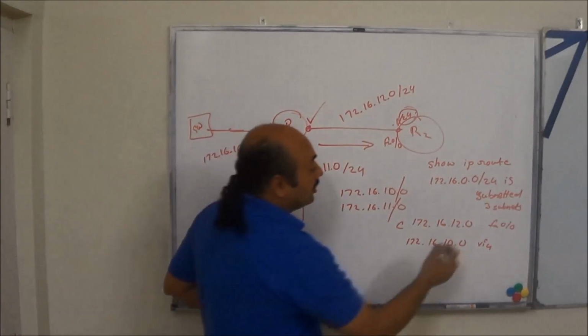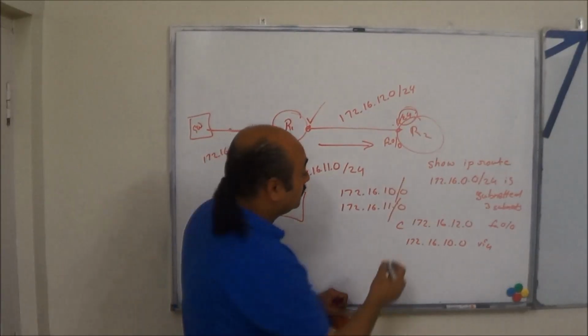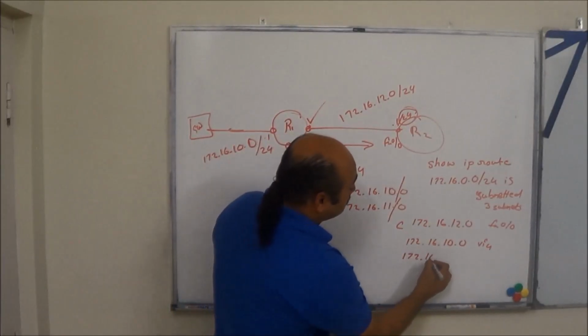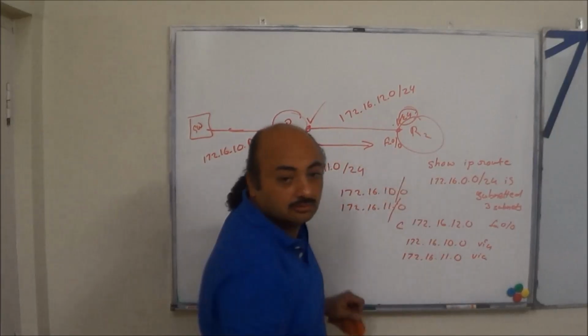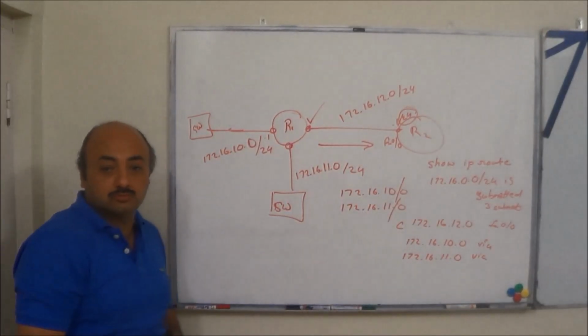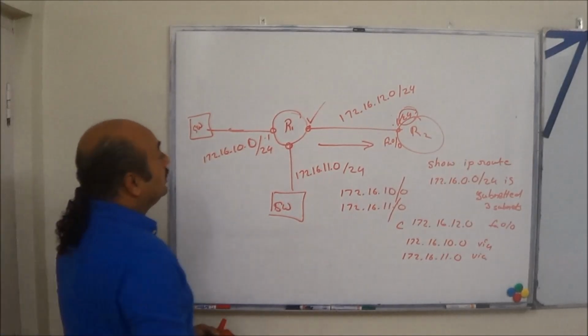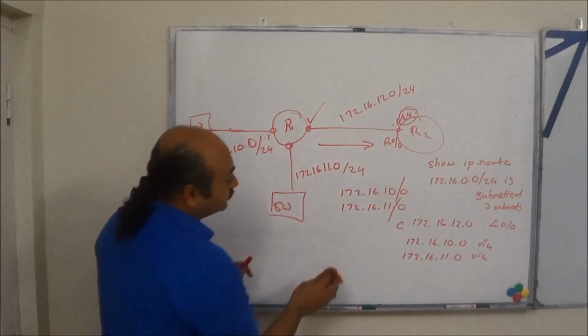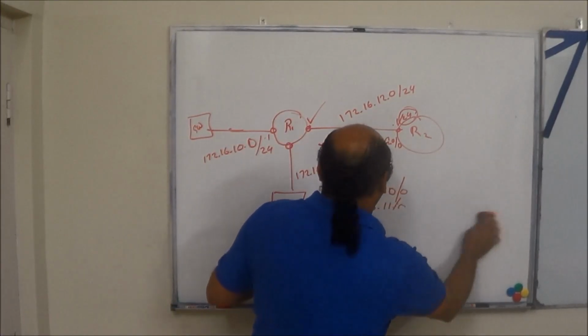Similarly 172.16.11.0 via the same thing. That is what it will show. Is it clear? Wonderful. Now let's take another example so that you are more clear about it.